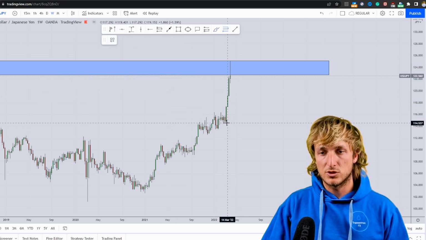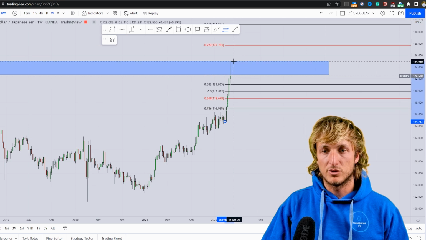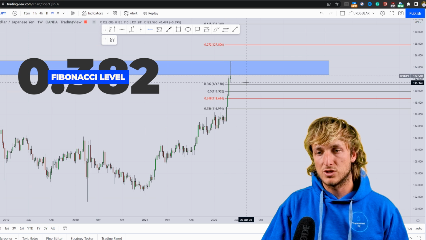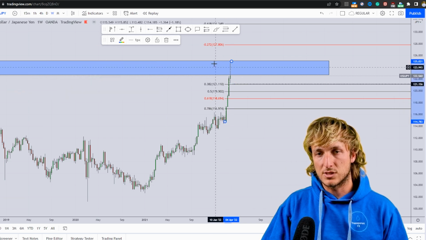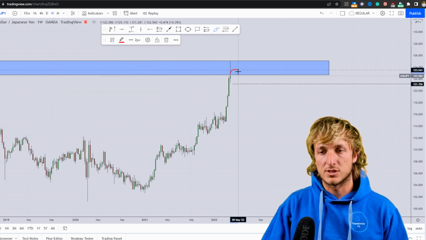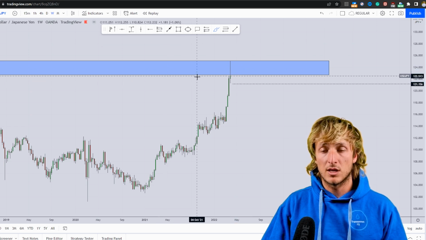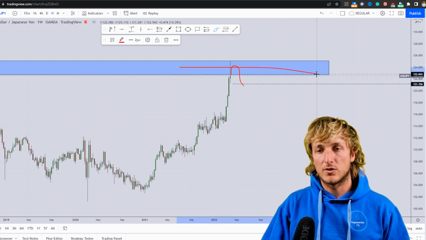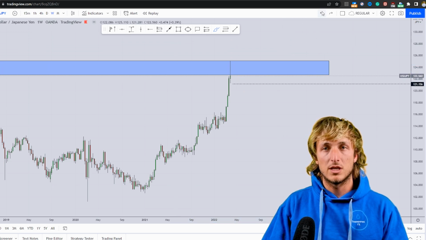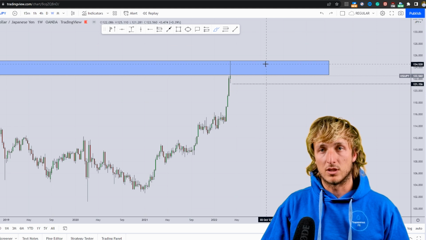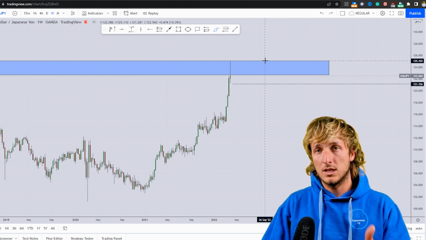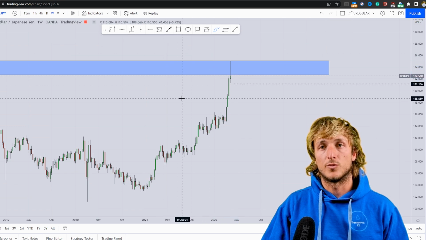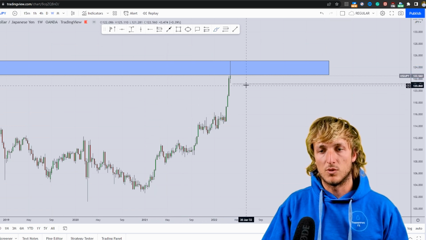So if we take our Fibonacci from the low to the high of this impulse, what we can see is that we have a 0.382 Fibonacci retracement, which is at the moment around this area, which would be our first potential downside target if the market were to create a correction, fading away from the incredibly strong resistance that we have already identified by looking at the monthly time frame. So for now, monthly and weekly both are indicating a potential short-term correction here for USDJPY.